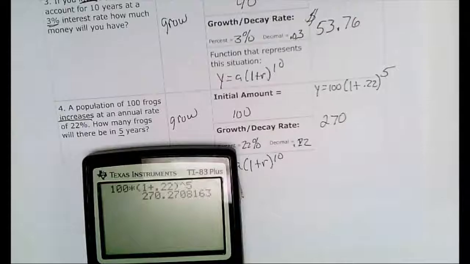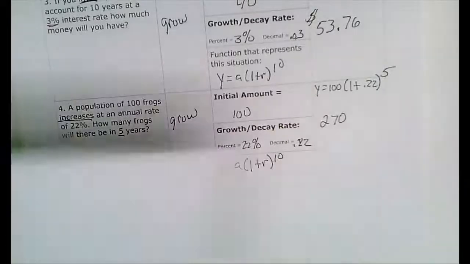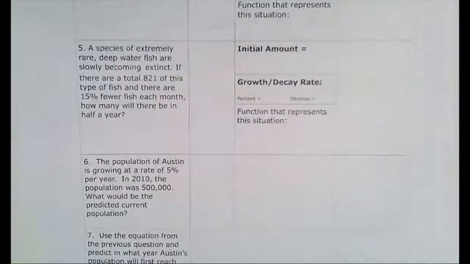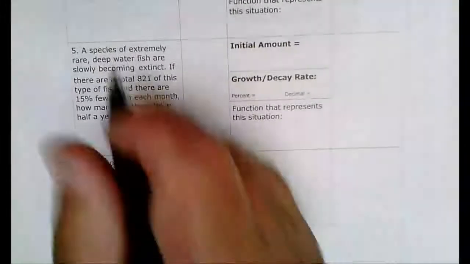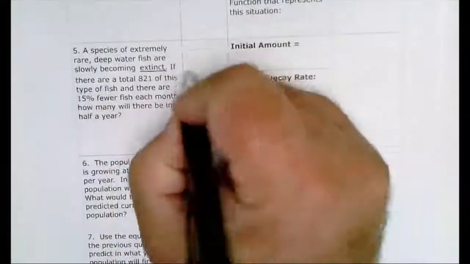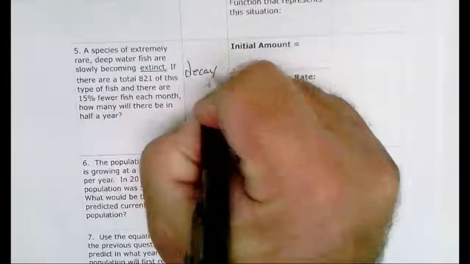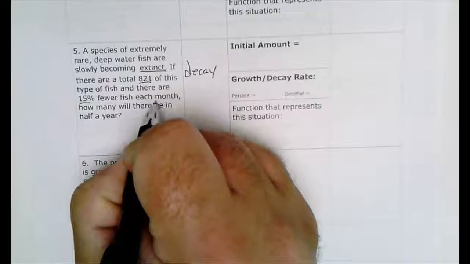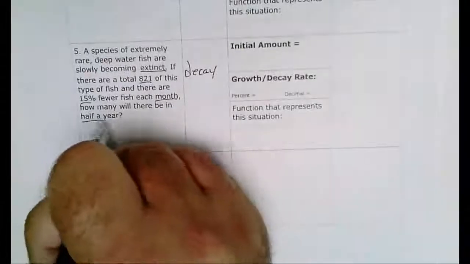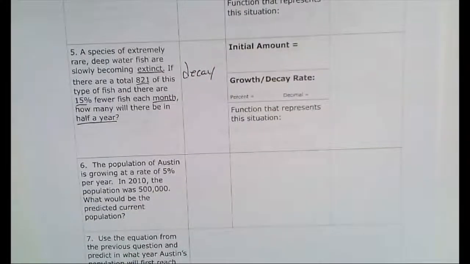Okay, and I'll do one more decay one so you can see it. We'll do number 5 here. Okay, a species of extremely rare deep water fish are becoming extinct. That would tell me this is decay. Okay, there are 821, 15% fewer each month in a half a year. So a couple things I have to know here.